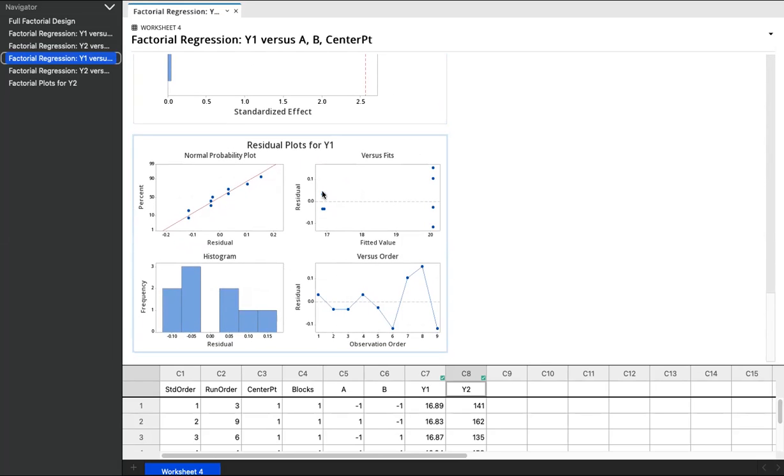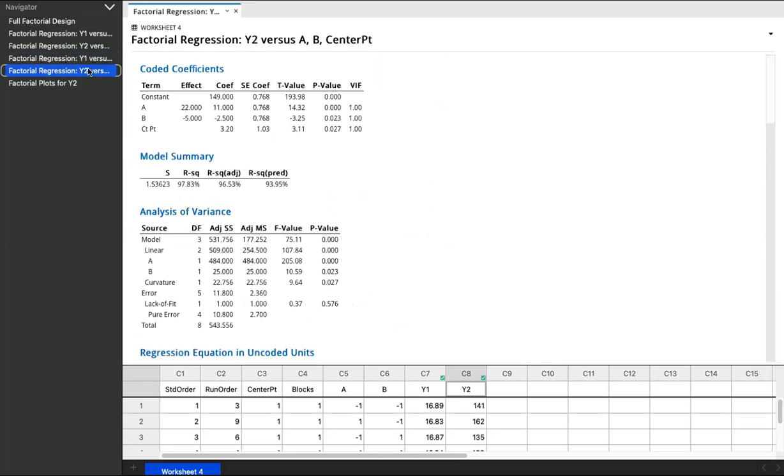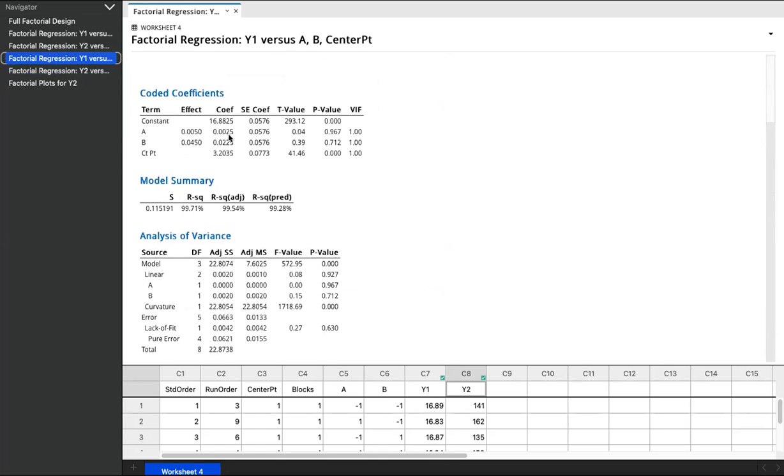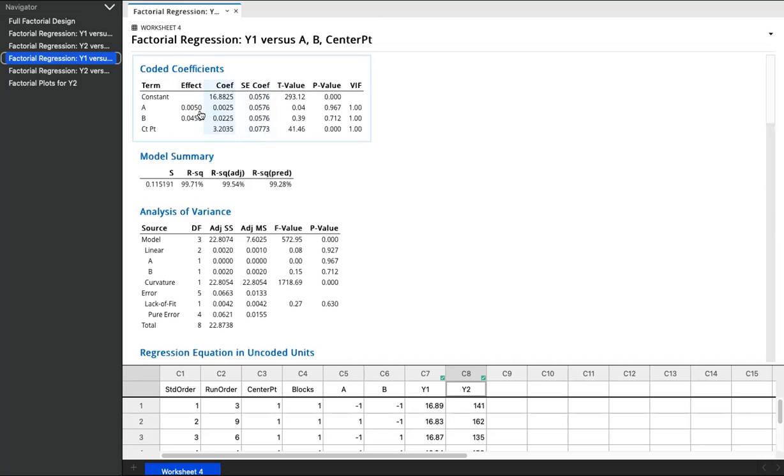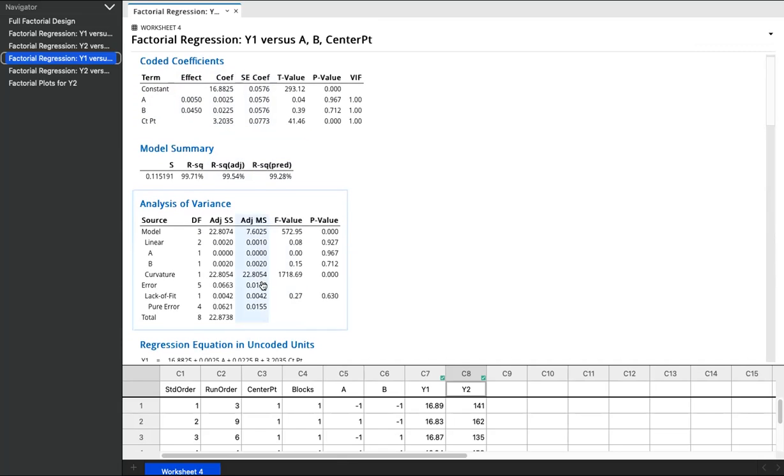And well, we can do the power analysis for both responses. So let's see the least factor effect, A, and also we need the standard deviation. So we need to remember these numbers.